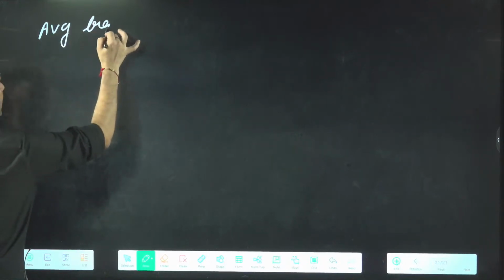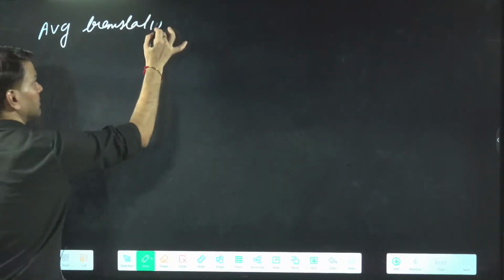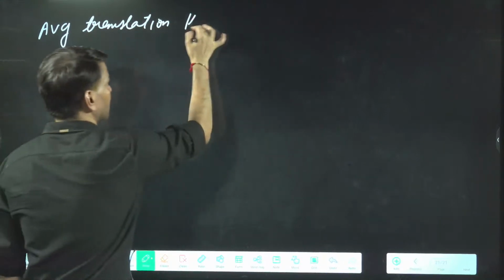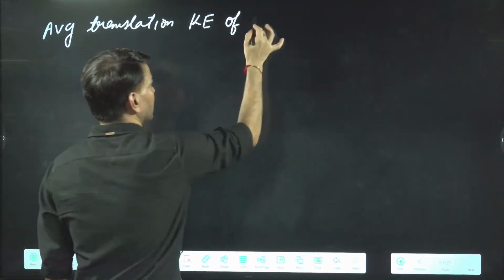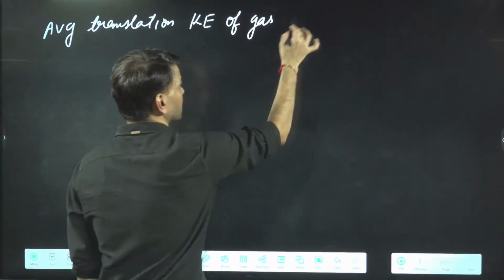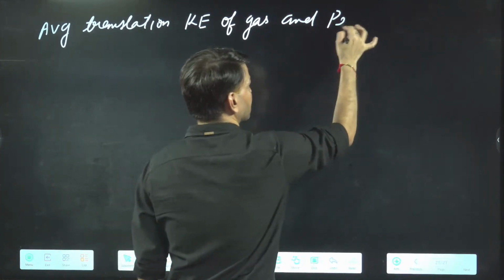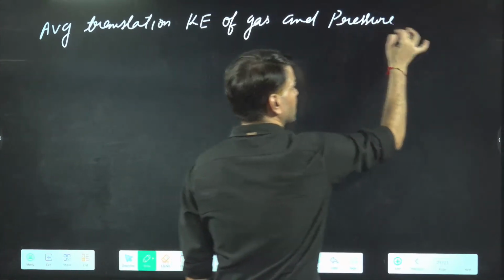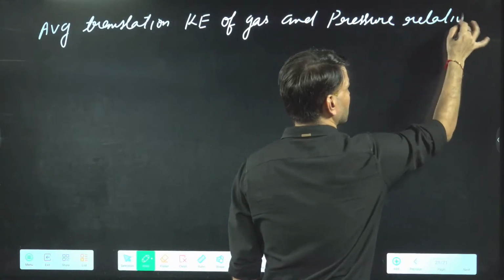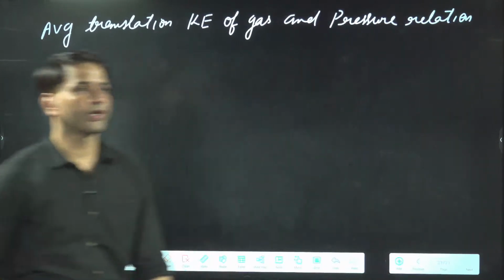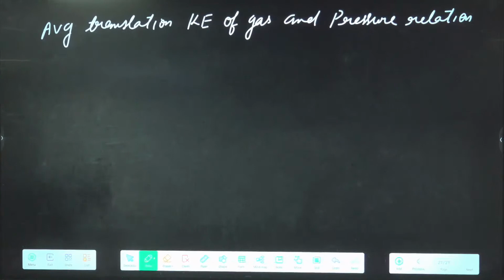Now next is the average translation kinetic energy and pressure relation. We have to find the relation between them.